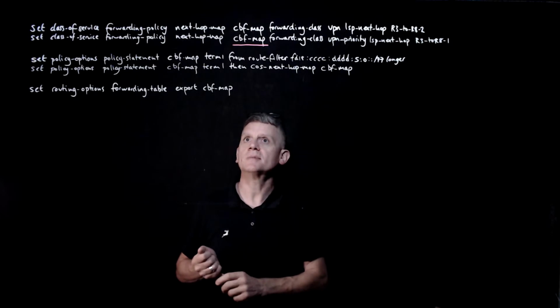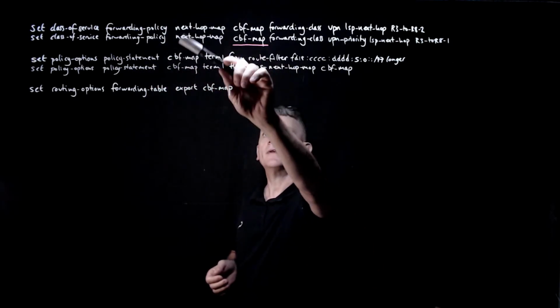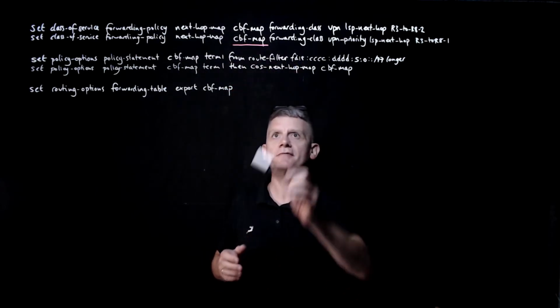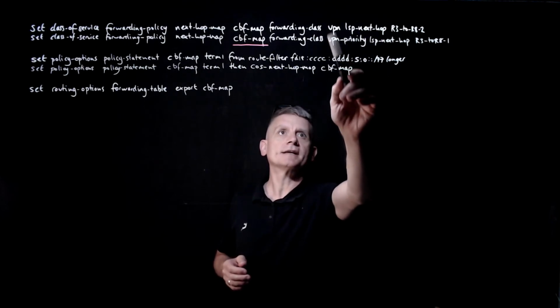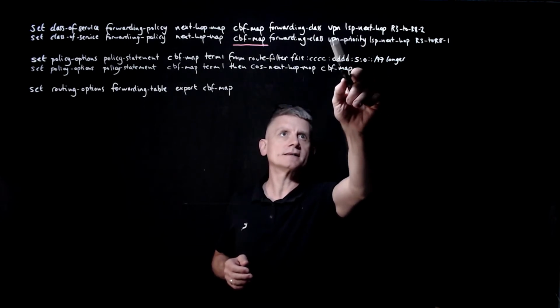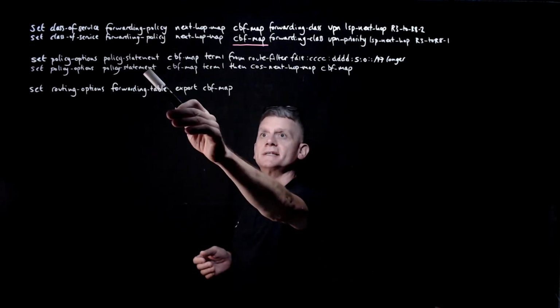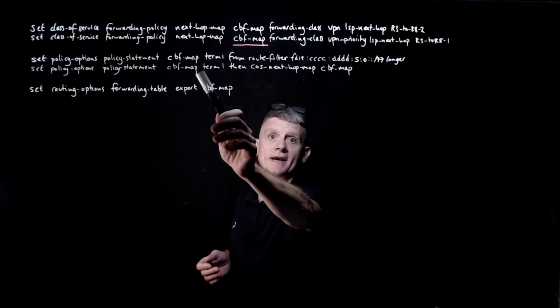Okay, so from the top, we're inside class of service, we have a forwarding policy, and the important part here is this statement next hop map, because it allows us to create this map connecting various forwarding classes to LSPs. Then of course, we have a policy statement. We'll call it CBF map.